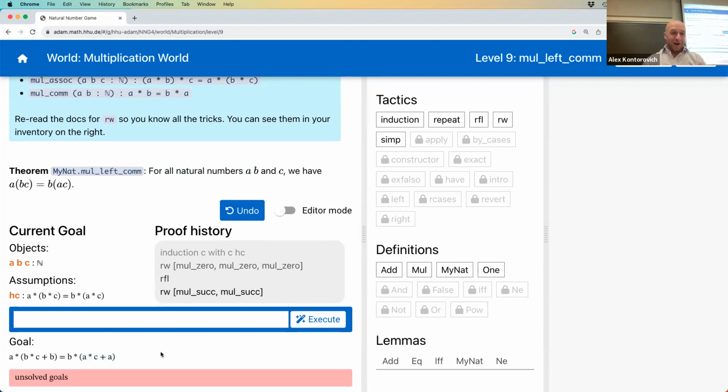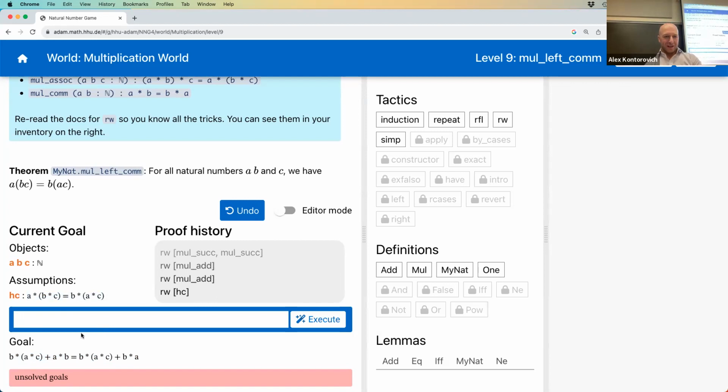Now what? Ring would be nice, but we don't have ring. How about add_mul or something? We want to distribute this? Yeah, mul_add. Mul_add distributes, and let's distribute again. Mul_add. Oops, rewrite. Oh, it's supposed to give me that bracket. Okay, now induction.